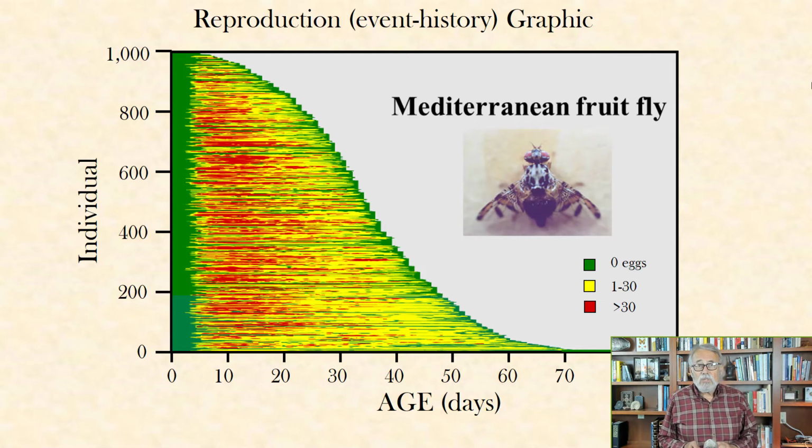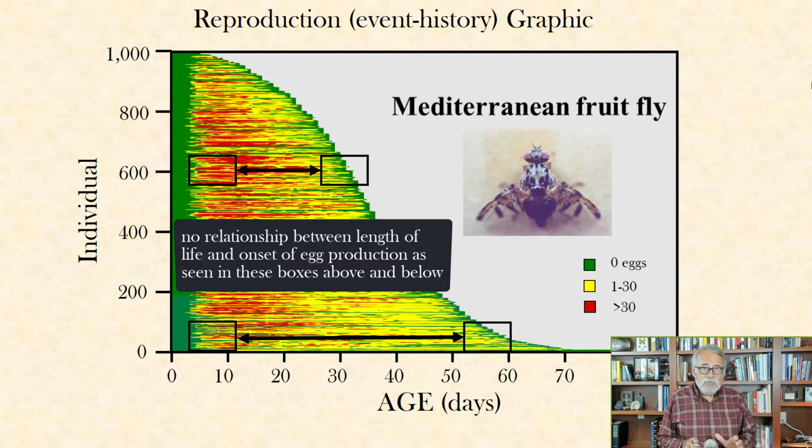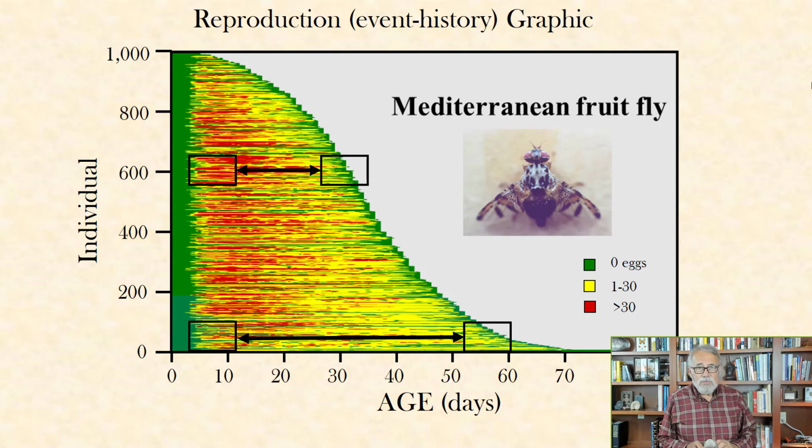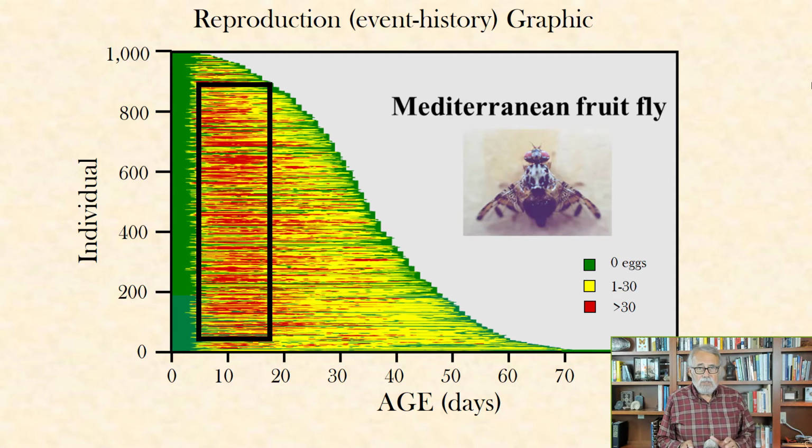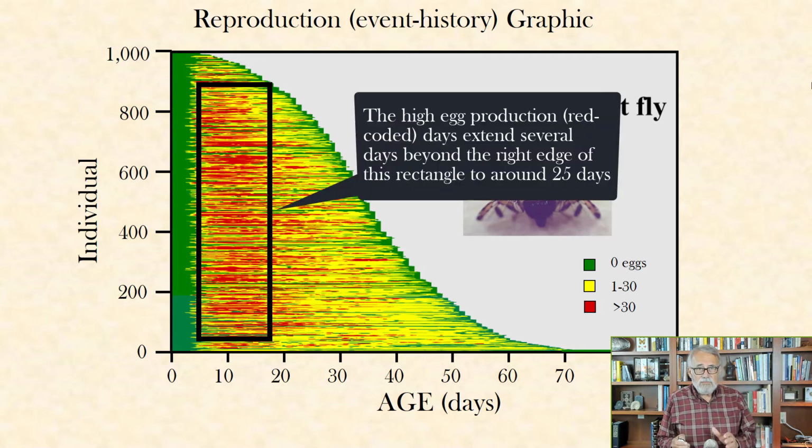First, there is a weak correlation between the age of first reproduction and lifespan, which is apparent from the absence of any distinct trends between the leftmost band depicting pre-reproductive ages versus the lifespans depicted by the survival schedule. Second, although the figure shows that there are high egg production days throughout the cohort and across all ages, most reproduction is concentrated in a reproductive window spanning ages 5 to 25 days.